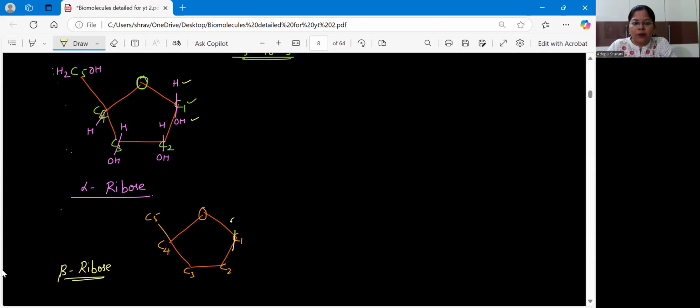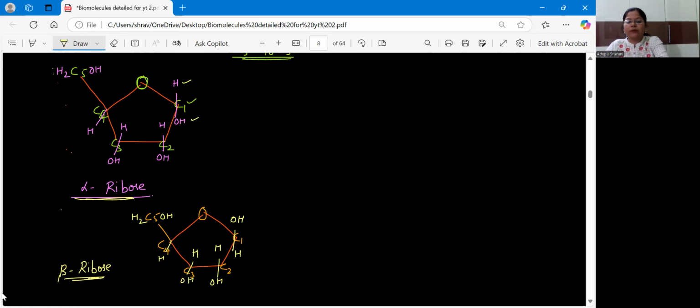In beta, OH will be above and H will be down, and everything else will be the same. So this will be called beta. The change is only at C1: H above and OH down is alpha ribose, OH above and H down is beta ribose.